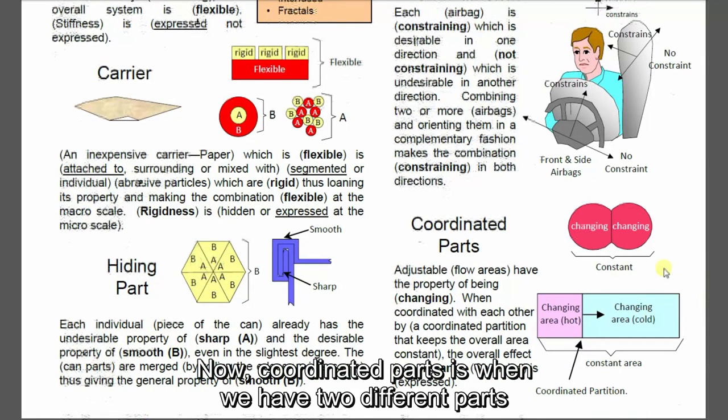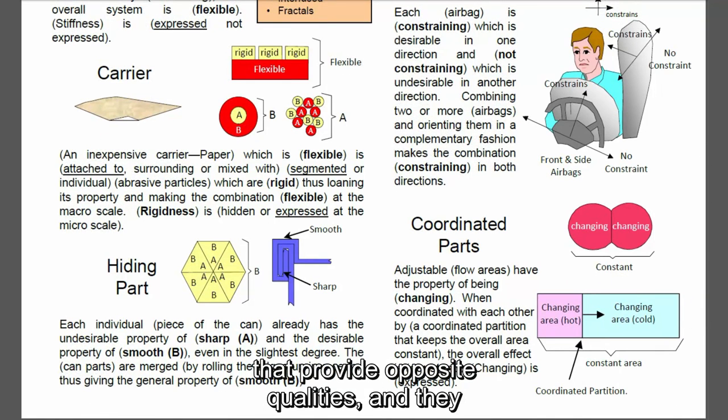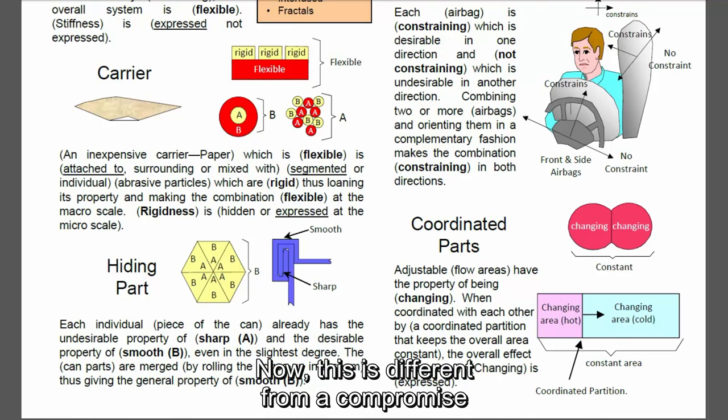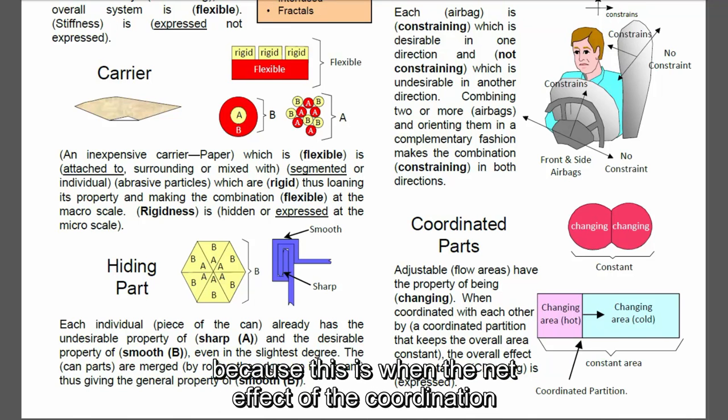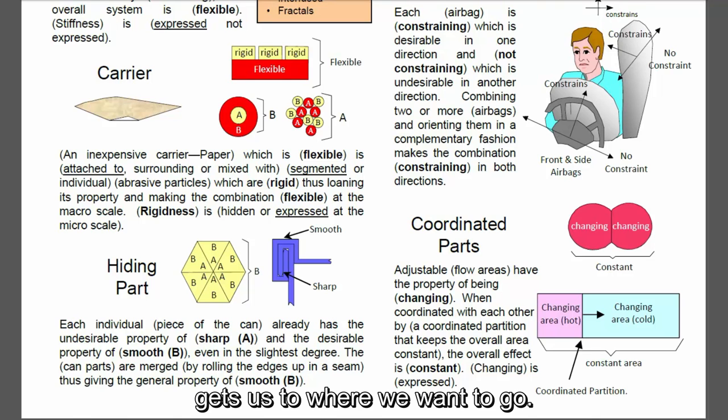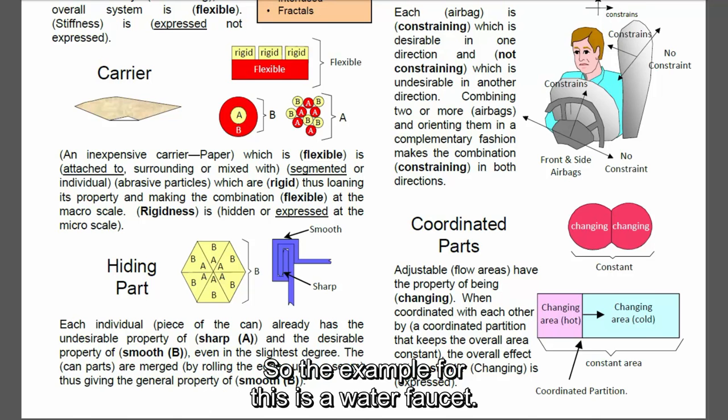Now, coordinated parts is when we have two different parts that provide opposite qualities, and they sort of average out or cancel out to provide the desired property. Now, this is different from a compromise because this is when the net effect of the coordination of these two opposing properties actually gets us to where we want to go. So the example for this is a water faucet.